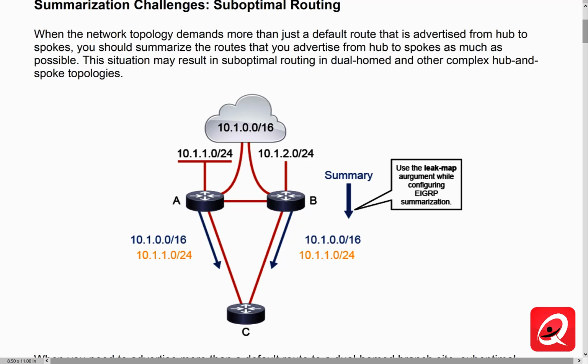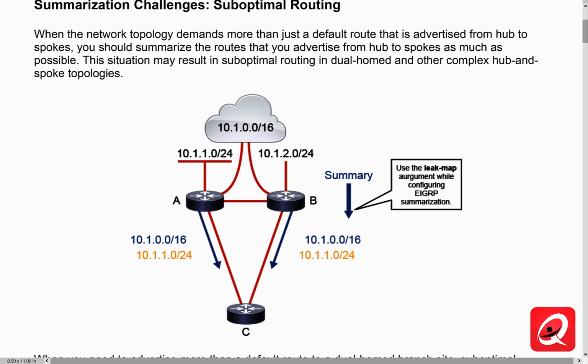All right. So when you're configuring summarization, you can use something called a leak map argument. We can still summarize the 10.1.0.0/16 subnet in this case, and that's advertised down to the dual-homed spoke. If that was all I advertised, like I said, we could end up with suboptimal routing. Packets that are supposed to go to 10.1.1.0/24 should be forwarded directly through hub A, but they could end up going through hub B, which would be suboptimal.